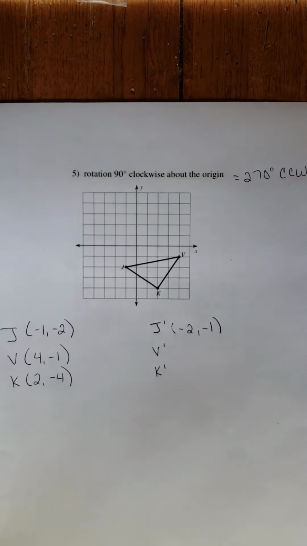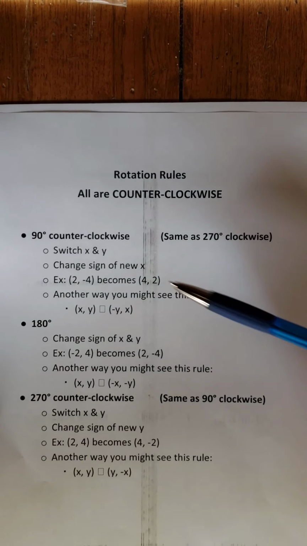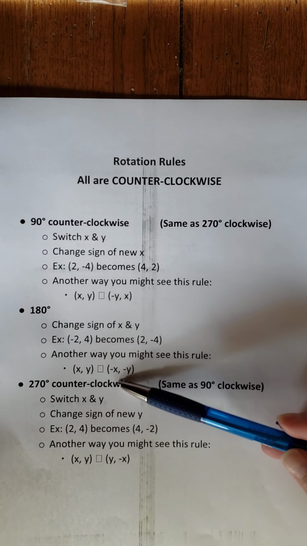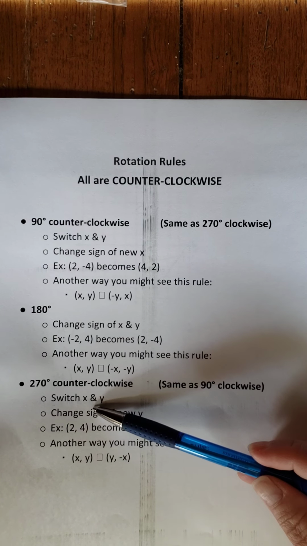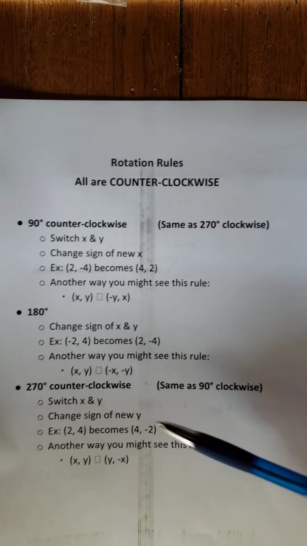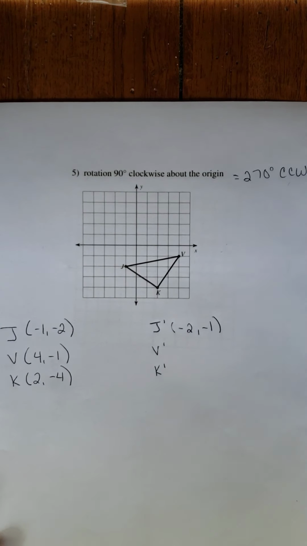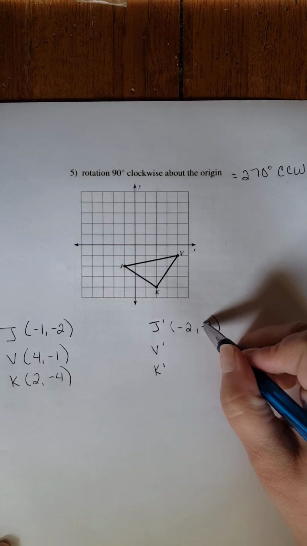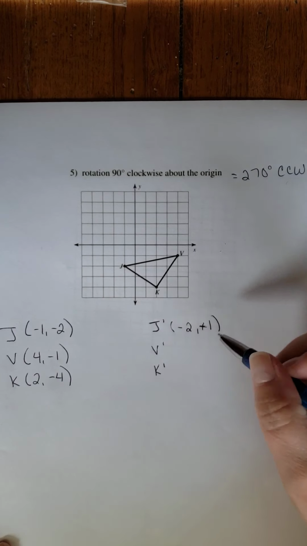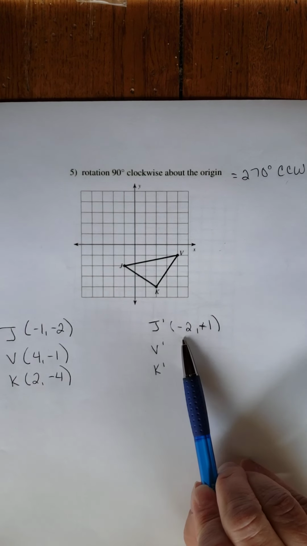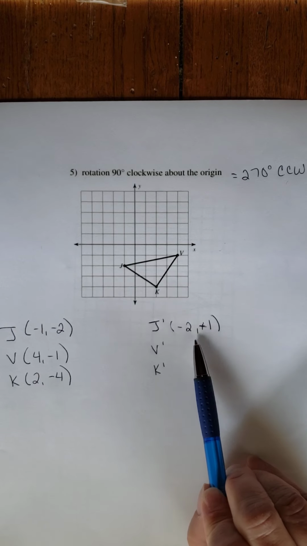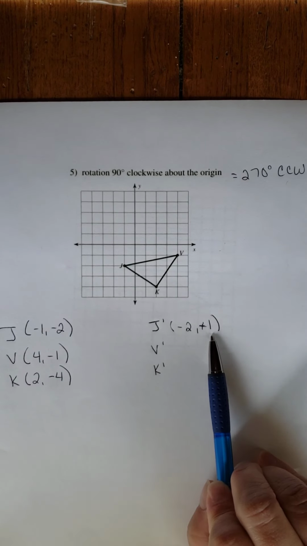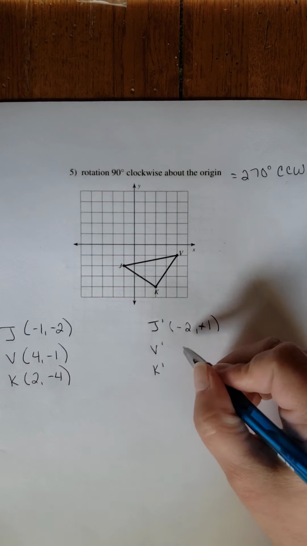So our rule for that is we've done the first one, we've switched x and y. Now we need to change the sign of the new y. So our -1 becomes +1. So J prime is (-2, 1).